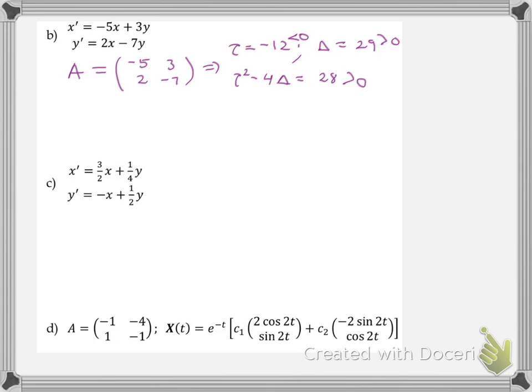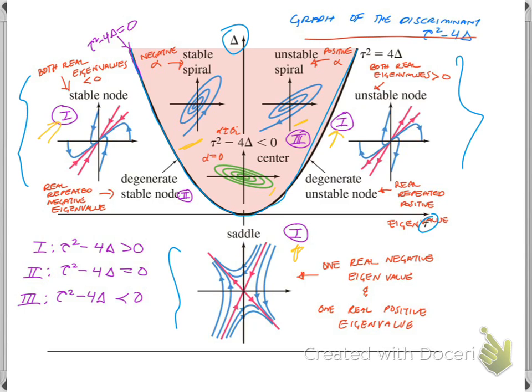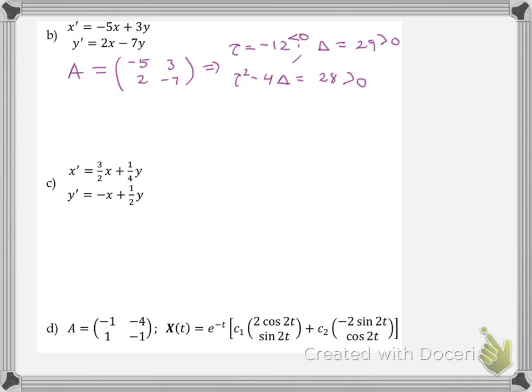But then tau is less than 0, so I'm either in quadrant 2 or 3, and delta is greater than 0. And so that leaves me here. And over here, we see that I have a stable node.